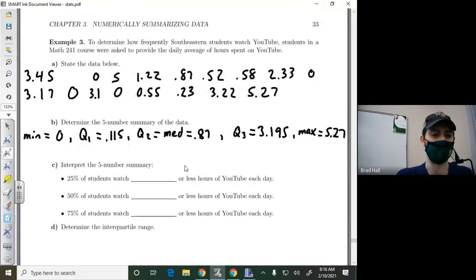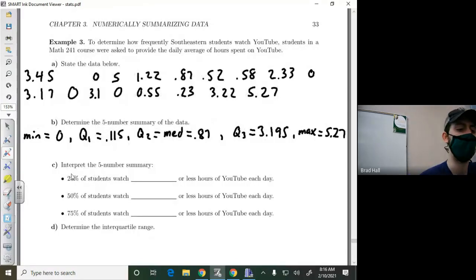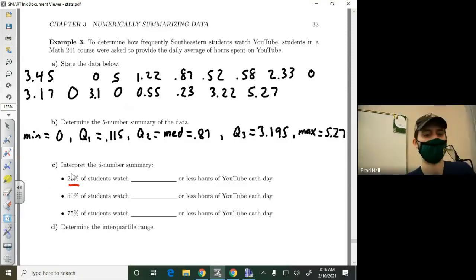So if we want to consider, 25% of students watch blank hours or less of YouTube each day, then we need to figure out which number in the 5-number summary corresponds to being larger than just 25% of the data.